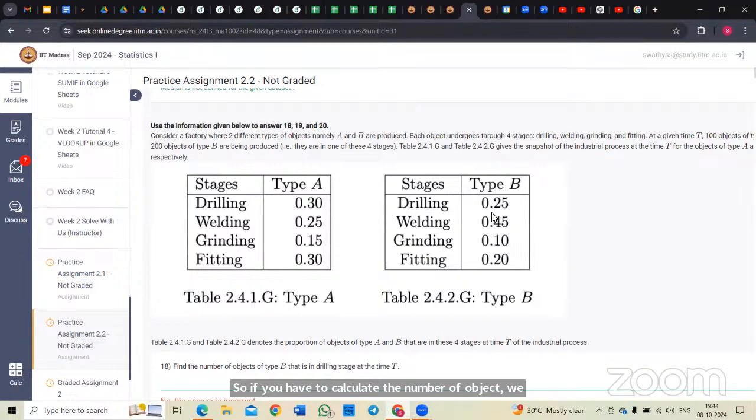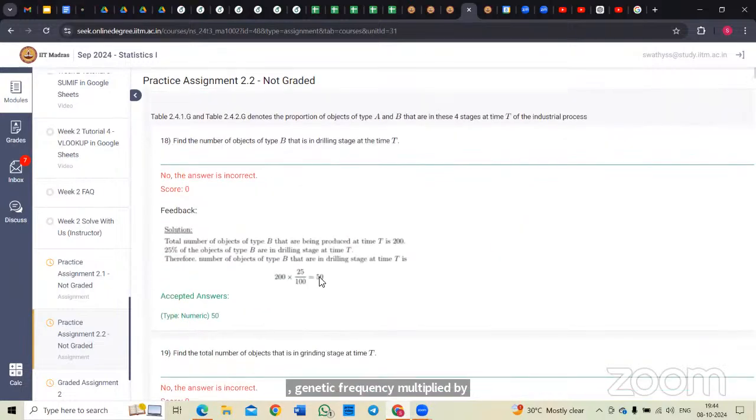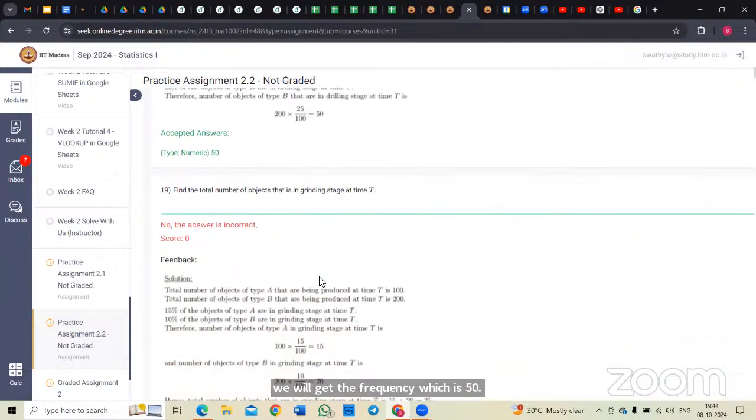It is the relative frequency; relative frequency multiplied by the total frequency gives the frequency, which is 50. Got it?